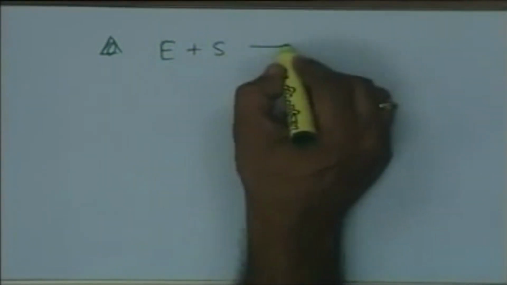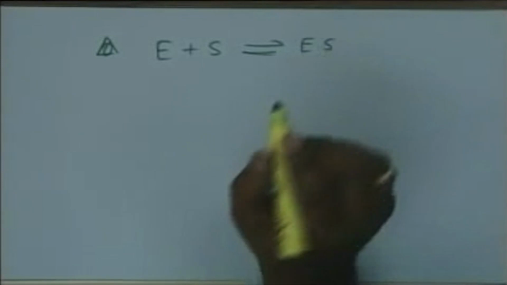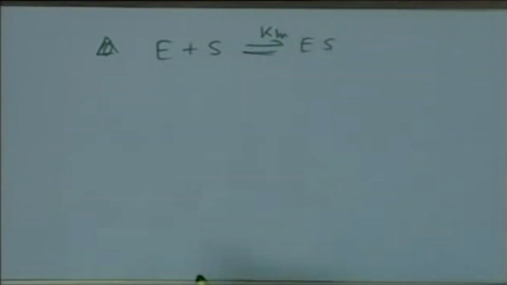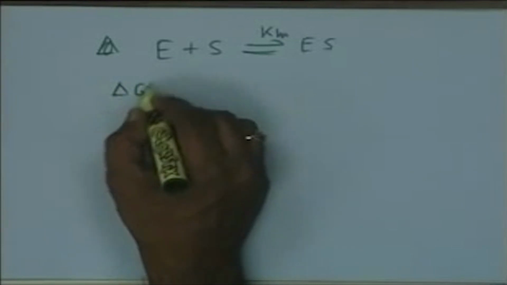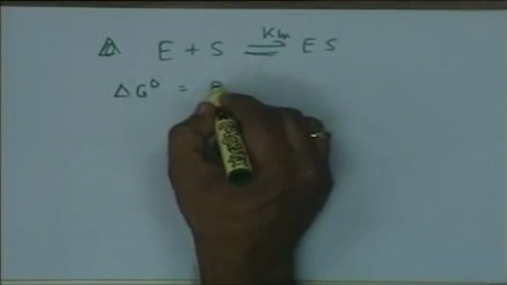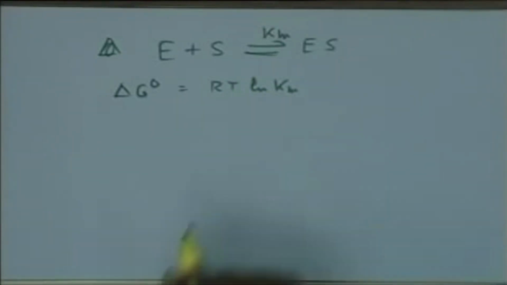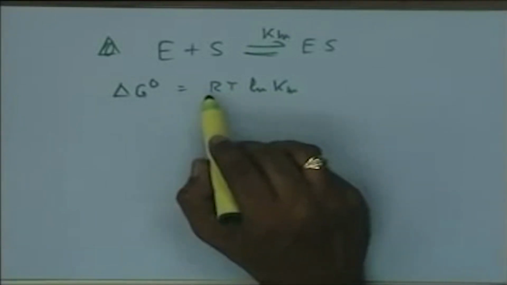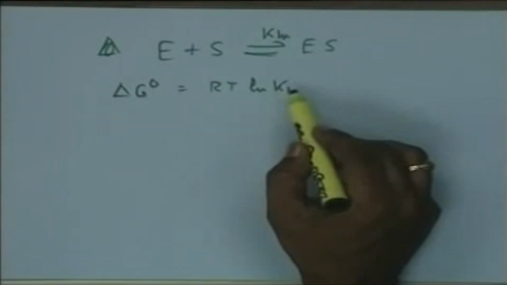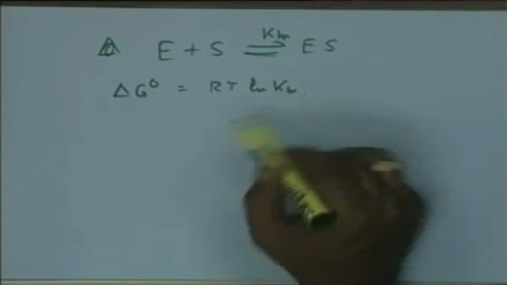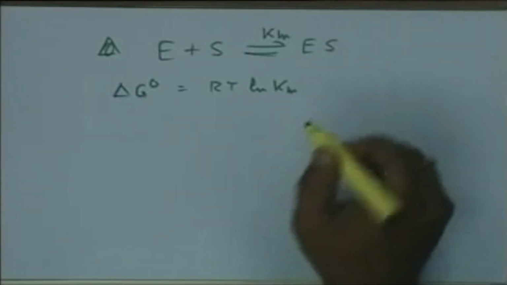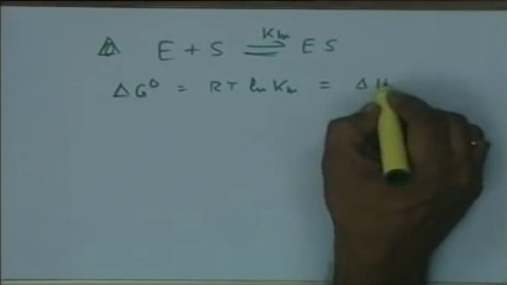If you look at the classical Van 't Hoff equation for an equilibrium process, here E plus S going to ES, with a dissociation constant of Km, the free energy change will be equal to RT ln Km. Note, I have purposely removed the minus sign, as Km is not the equilibrium constant but the dissociation constant, almost like the inverse of that, and which can also be equated to delta H minus T delta S.